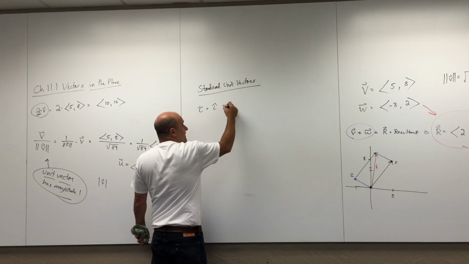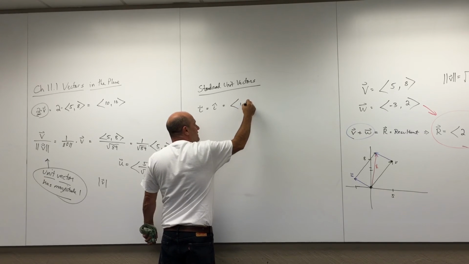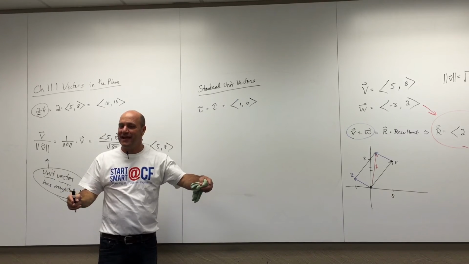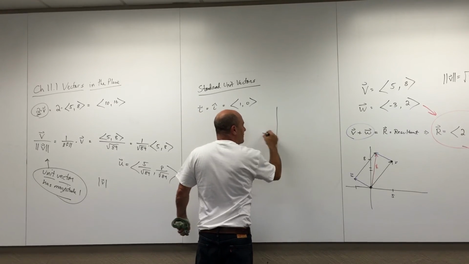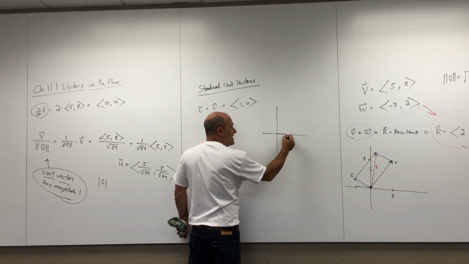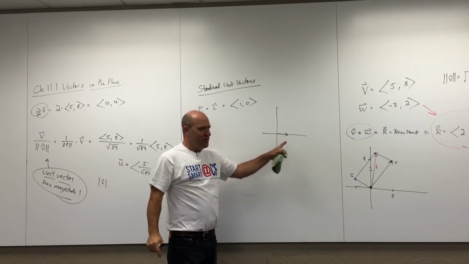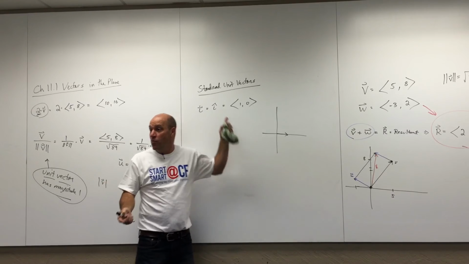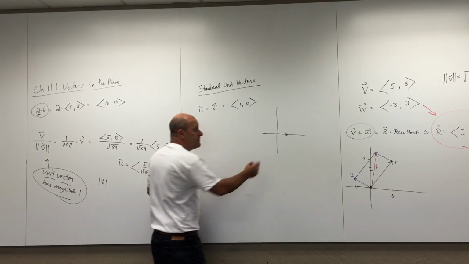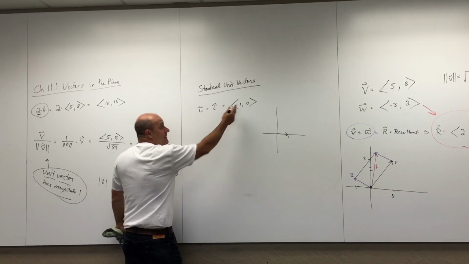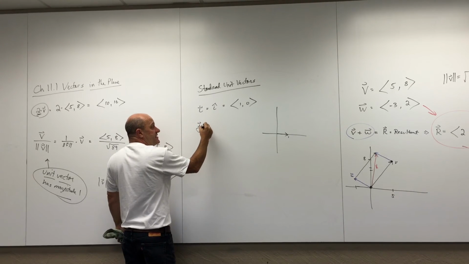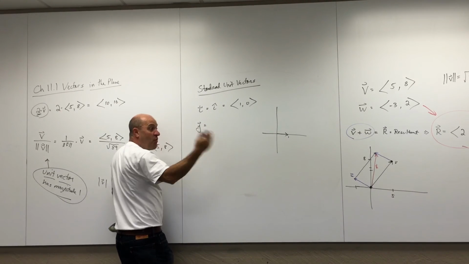Can you tell me what that is? I'll just tell you, I'm running out of time. 1, 0. He's the standard unit vector in the x direction. I mean, what is the name of the vector that goes 1 unit in the x direction? i. Or you could call him 1, 0, but he has a special name called i. j is the standard unit vector in the y direction.